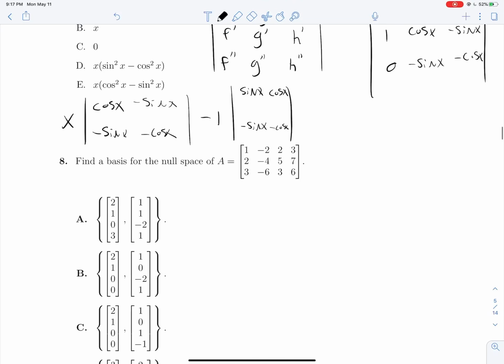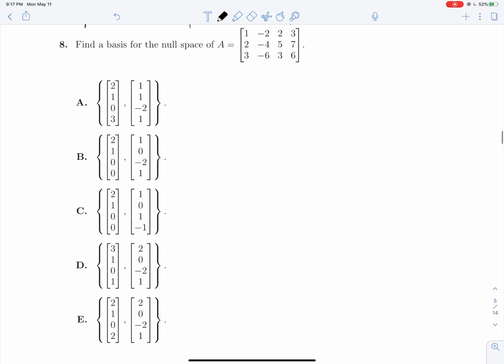Sorry about that. Ugh. Okay, let's find the basis for the null space of A. Let's just row reduce this thing, and it looks like it's going to end up being 2 vectors out of our free variables. So 1, negative 2, 2, 3, 2, negative 4, 5, 7, 3, negative 6, 3, 6.